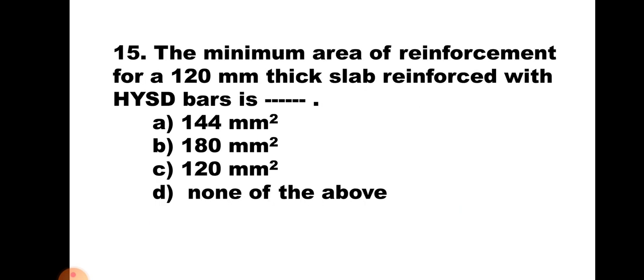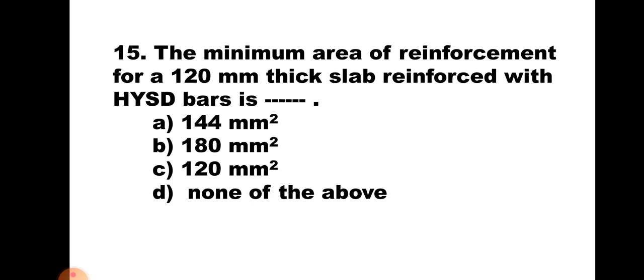Question number 15. The minimum area of reinforcement for a 120 mm thick slab reinforced with HYSD bar is A, 144 mm square, B, 180 mm square, C, 120 mm square, and D, none of the above. Now the minimum area of reinforcement for a slab for HYSD bar is 0.12% of Ag.